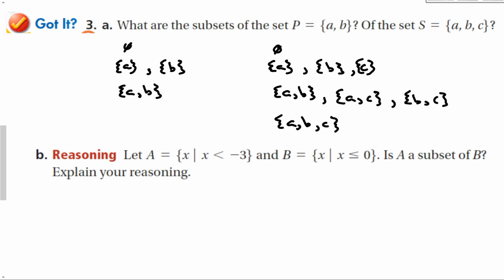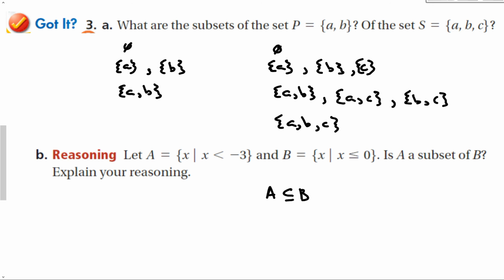So let A equal {x such that x is less than negative 3}, and B equal {x such that x is less than or equal to 0}. Is A a subset of B? Well, we have to ask ourselves, is every element of A contained in B?